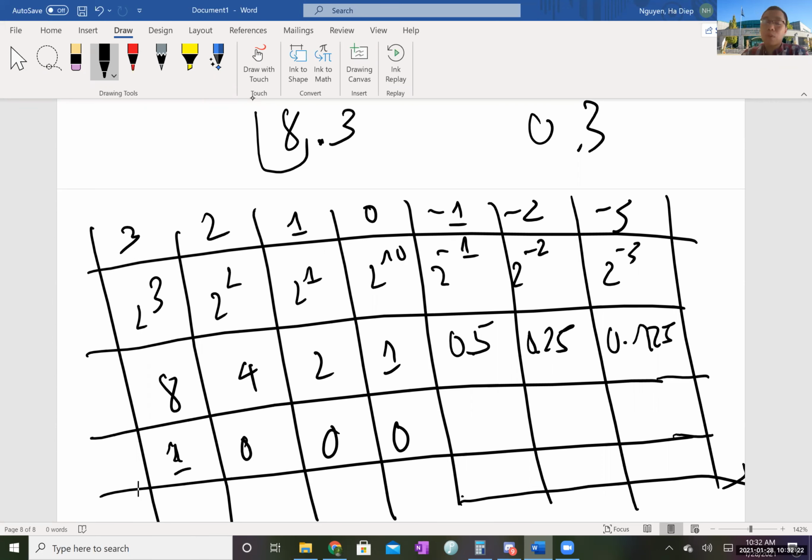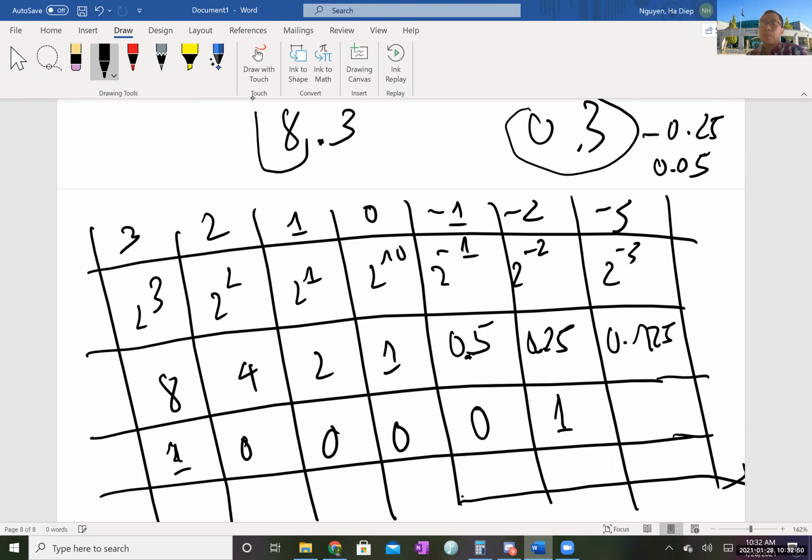The first one, when you compare 0.3 and 0.5, it is less than, so in the case of less than, you put the number 0 here. Now we still have 0.3, you move to the right, this one is 0.25, and 0.3 is greater than it. When you have greater than, you put number 1 here. Then you have to subtract 0.25, and you have 0.05 left.